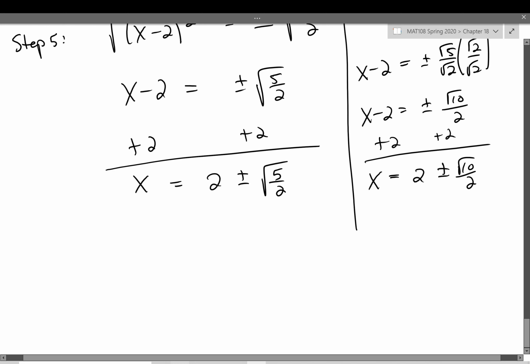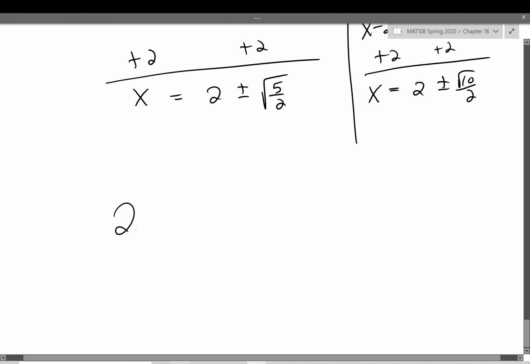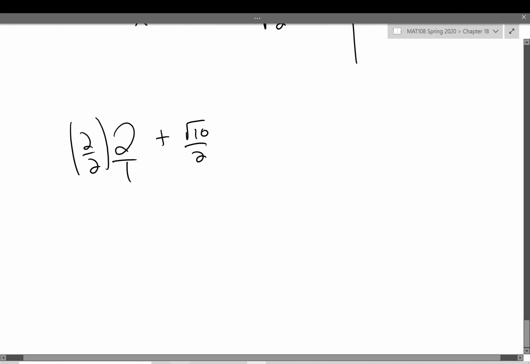And if you want to take it one step further, you can actually add these together. Let me write it down here. 2 plus the square root of 10 over 2. You can add these together by finding a common denominator. So the common denominator would be 2. So that's going to give me 4 over 2 plus the square root of 10 over 2, which is 4 plus the square root of 10 over 2.